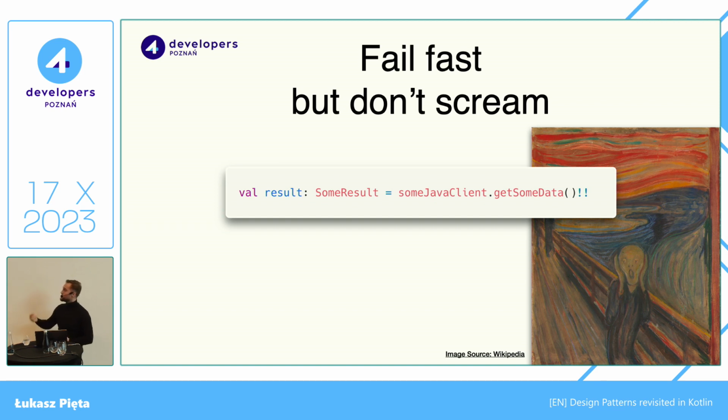If you use these two exclamation marks in Kotlin, you're just using this generic exception, which doesn't provide any information about what's going on here, what's wrong. So don't do this unless it's a test package and you're 100% sure that there won't be null, but the compiler just says that you need to throw an exception or return a nullable type. So in a test package, okay, but don't do this in your production code.